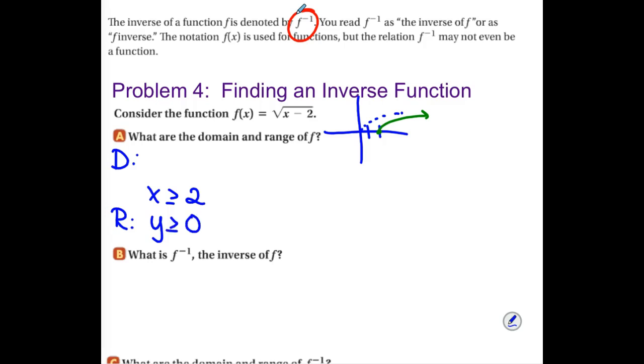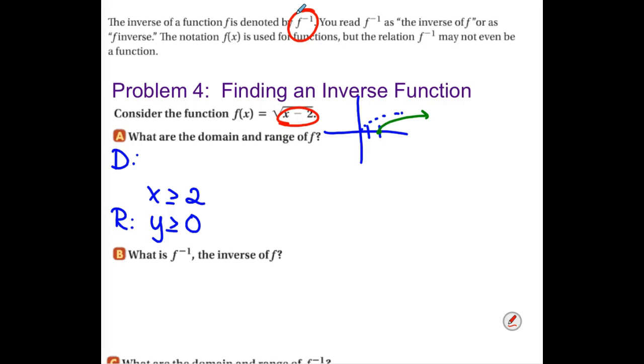Now, you can give me that answer when it asks for domain and range based on what you know the graph to look like, or you can find it based on the equation. You can find it algebraically. Let's say I didn't know what the graph was supposed to be. We do know that what's underneath that square root symbol cannot be negative, right?